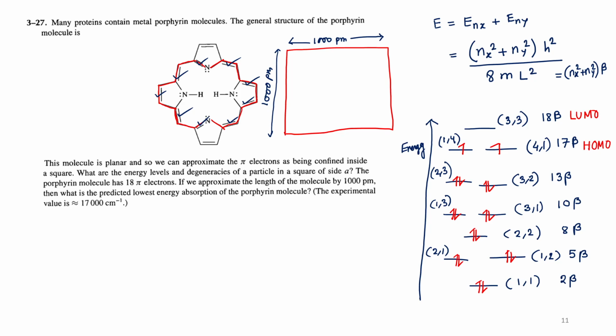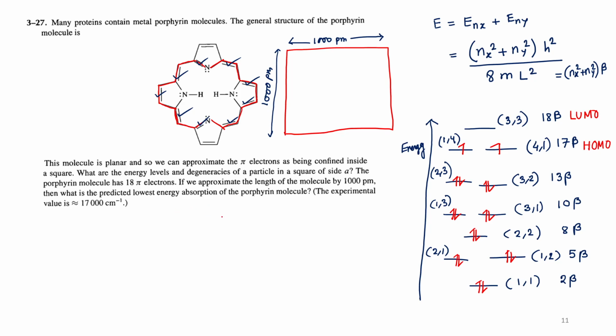Okay, so now the gap is obviously beta. The transition possible is 1 comma 4 to 3 comma 3, or 4 comma 1 to 3 comma 3.